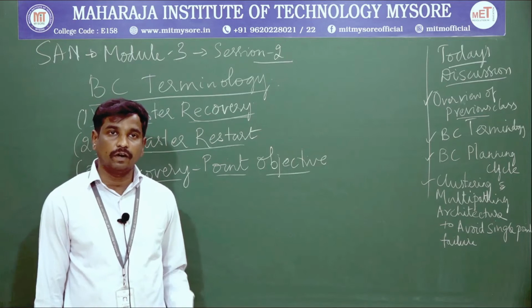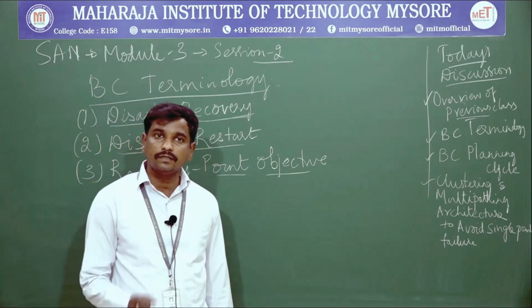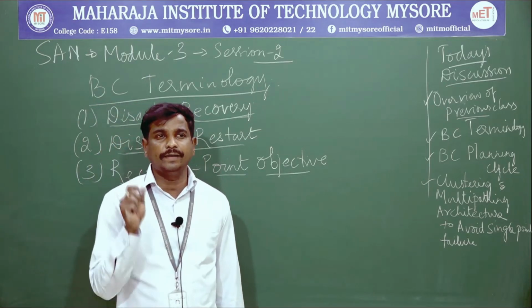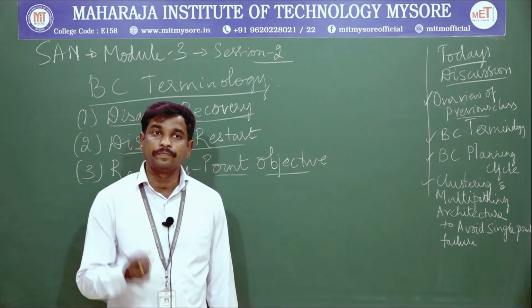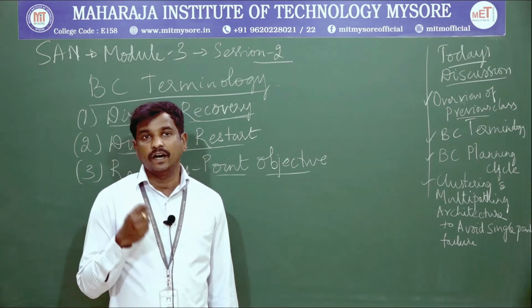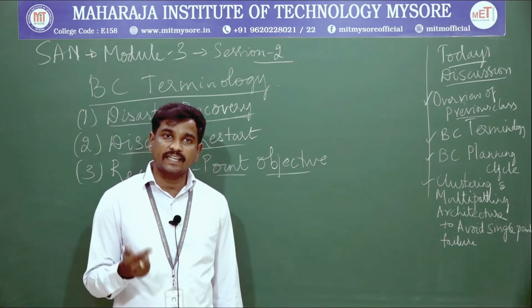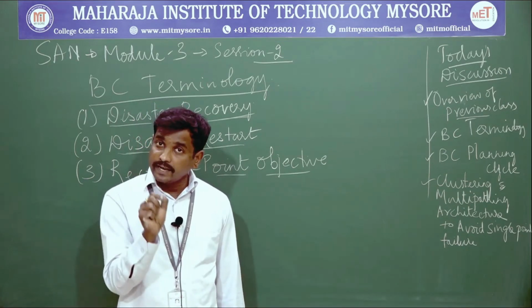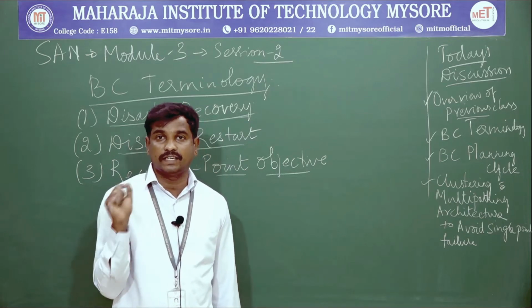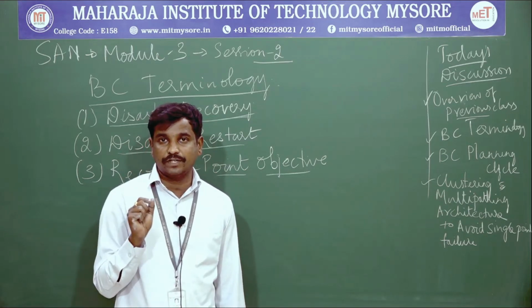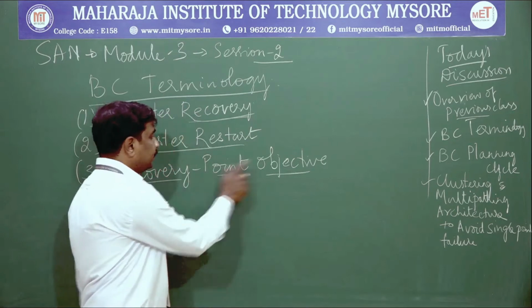The recovery point objective is the point in time to which the system must be recovered after an outage. Outage means that if any disaster occurs, at what time we need to perform the recovery operations. That is the measurement of the recovery point objective.